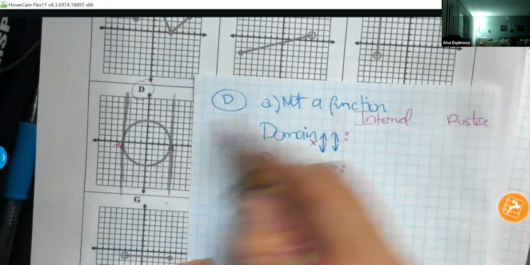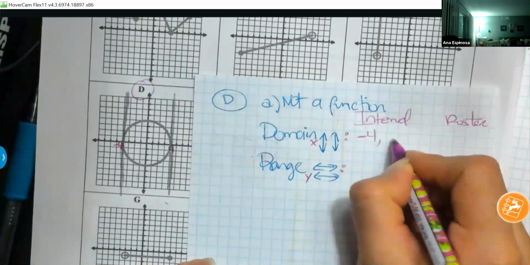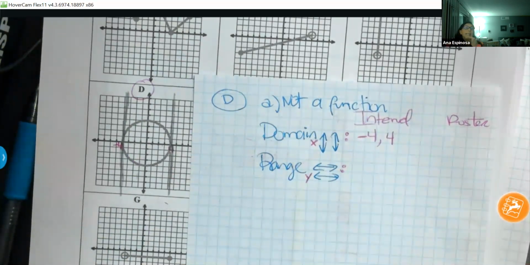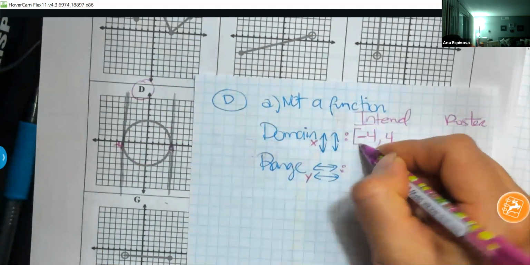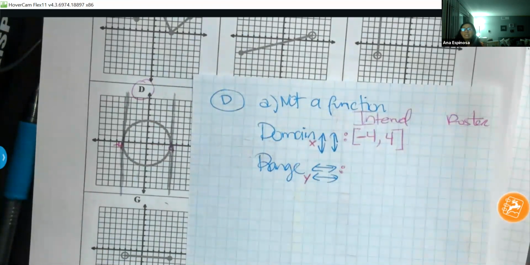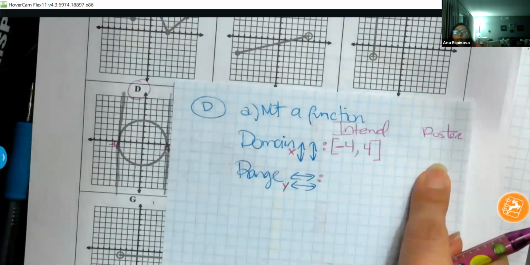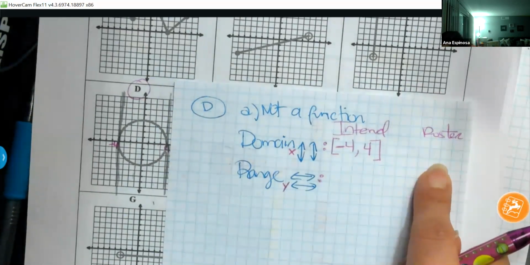So it's going from left, negative 4 to 4, and you don't write any variables. Now, if it touches those numbers, then you put brackets. If they didn't, you put parentheses. You also put parentheses over infinities, all right?